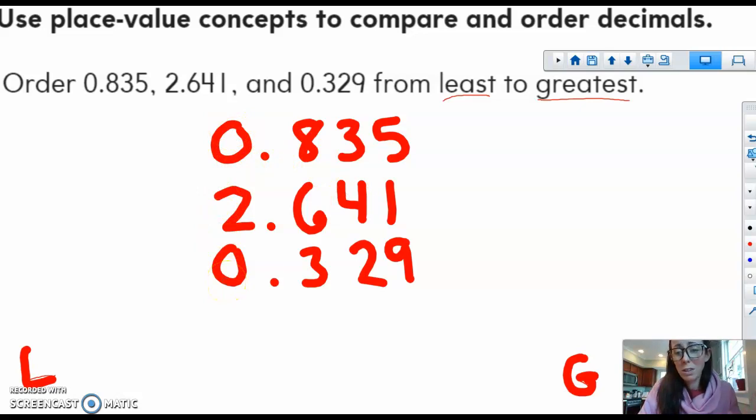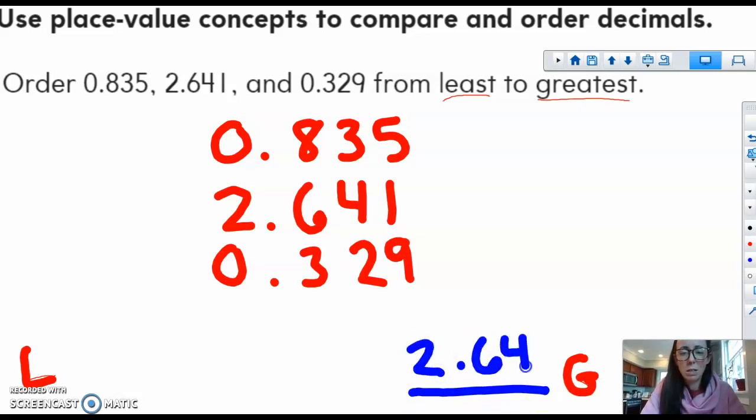Think about it in terms of money. If I only had 83 cents in comparison to $2.64, this would be a lot more. Same thing with this number here: 32 cents is definitely less than $2.64. So I'm going to write that in my greatest section because I don't have to do any more work to know that it's my greatest decimal.